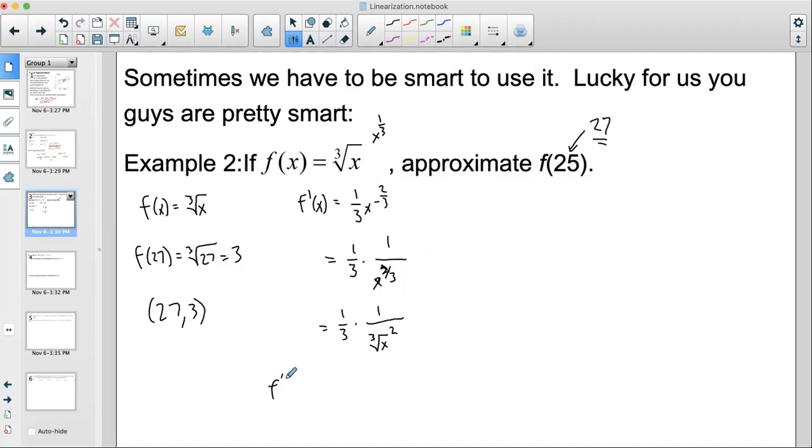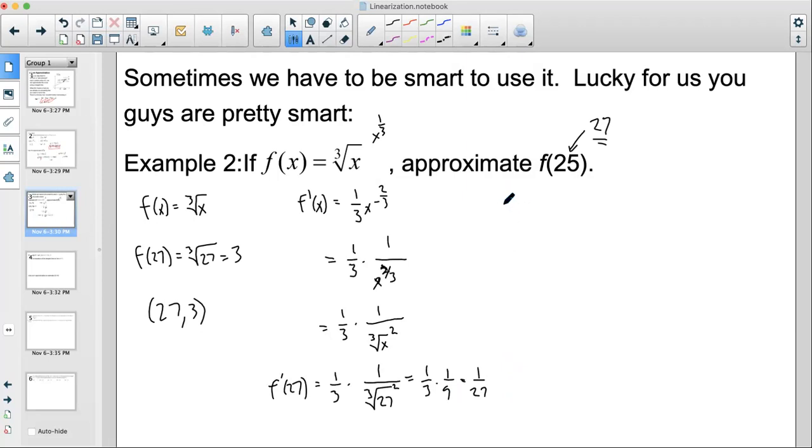So f prime of 27 is 1/3 times 1 over the cube root of 27 squared. And the cube root of 27 is 3, and 3 squared is 9. So this is 1/3 times 1/9, which is 1/27. So this is my slope, this is my m.